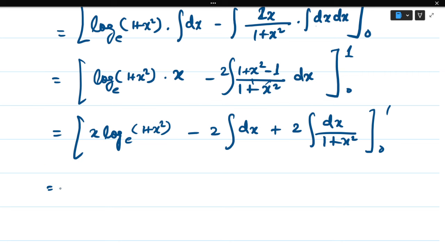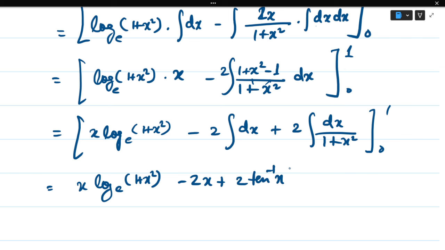So now one can solve as x log to the base e (1 plus x square) minus 2x plus 2 tan inverse x, with limit going from 0 to 1.